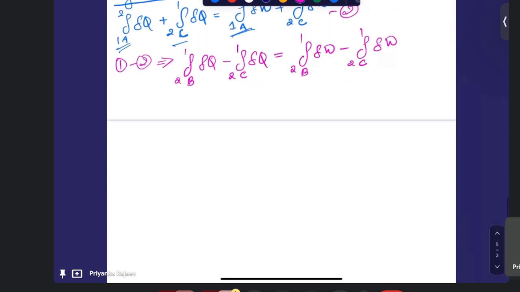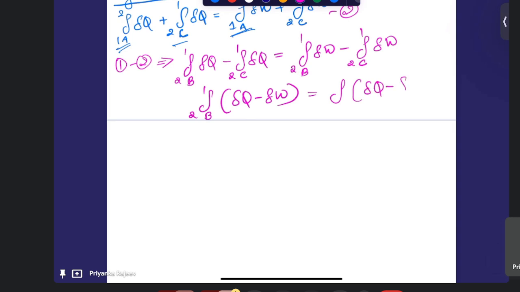Now you can merge it and write: integral of delta Q minus delta W over path B from 2 to 1 equal to integral of delta Q minus delta W over path C from 2 to 1.